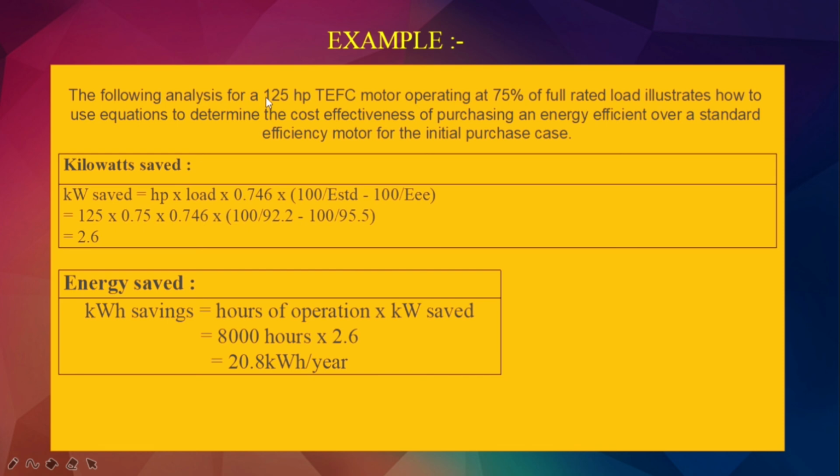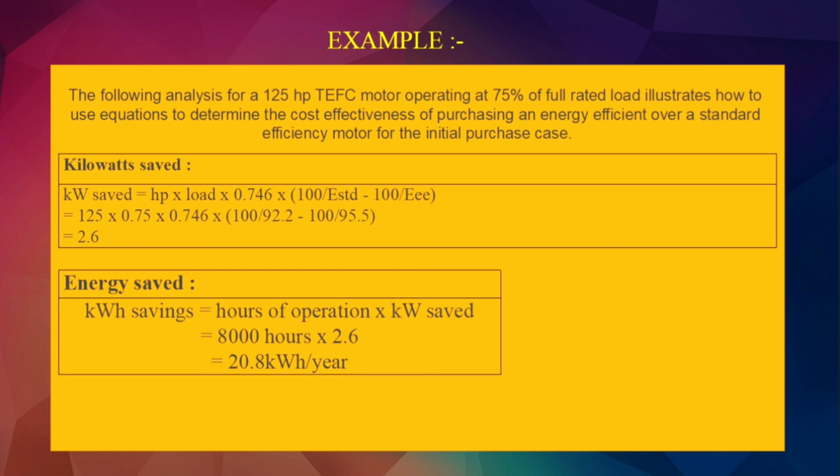Given 125 horsepower operating at 75% full rated load, for the first step we need to calculate kilowatt saved, which is horsepower times load times 0.746 times 100 over standard energy rating minus 100 over energy efficient motor rating.